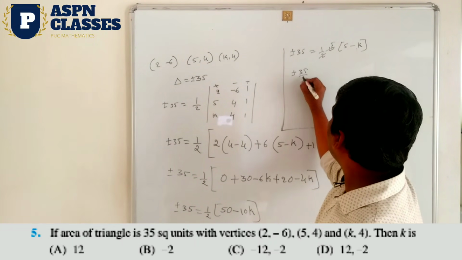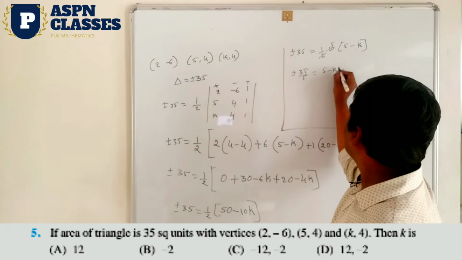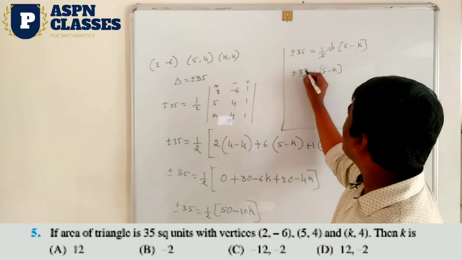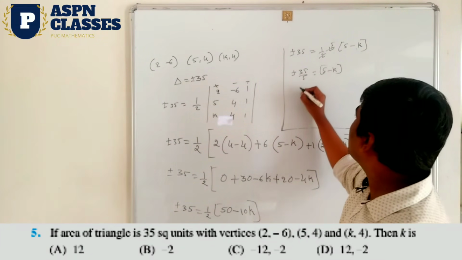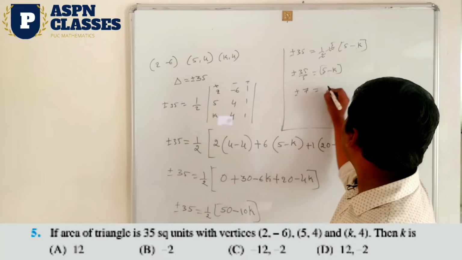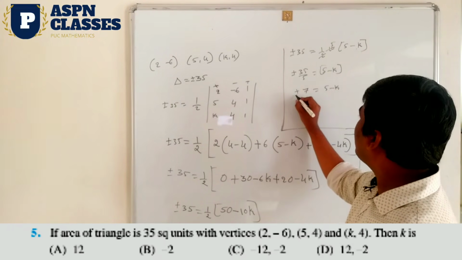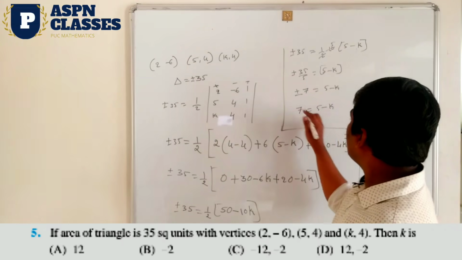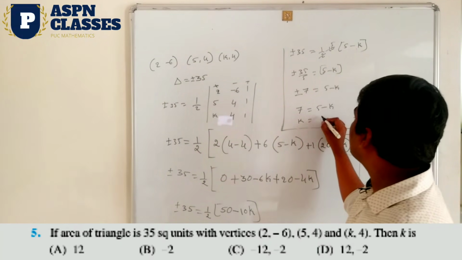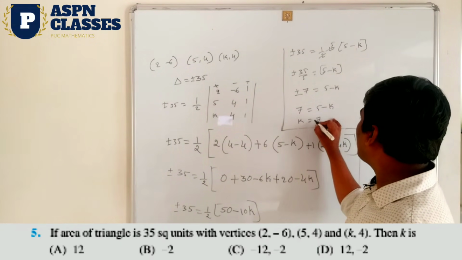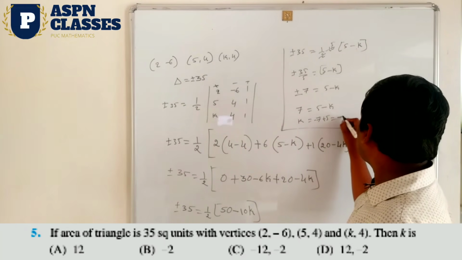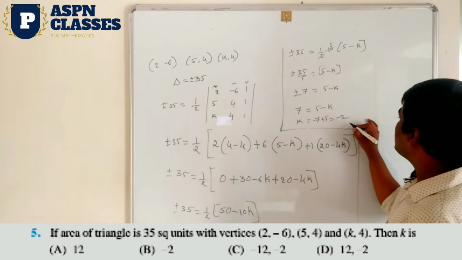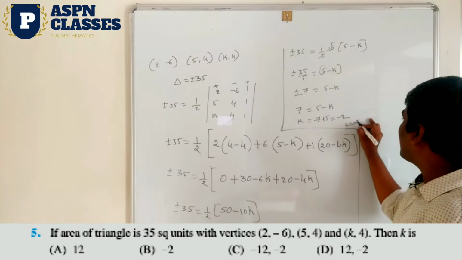So 35 divided by 5, 5 minus k, correct. 5 1s are 5, 7s are 35, so plus or minus 7, 5 minus k. Now you take the first sign, plus 7, 5 minus k. So minus k shifted here and 7 shifted to this side, means minus 7 plus 5, it means minus 2 you get. So k is equals to, one answer you get, minus 2.